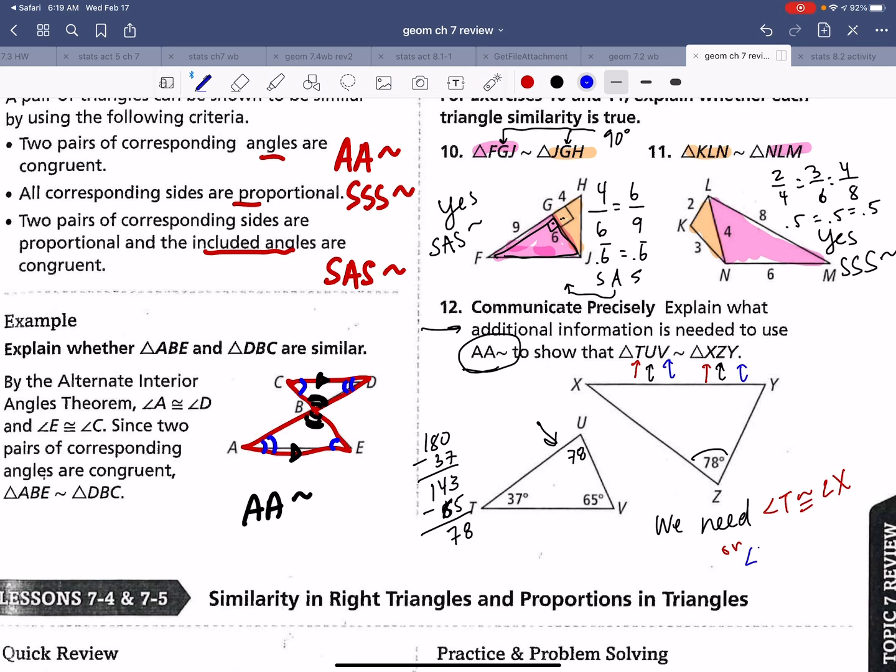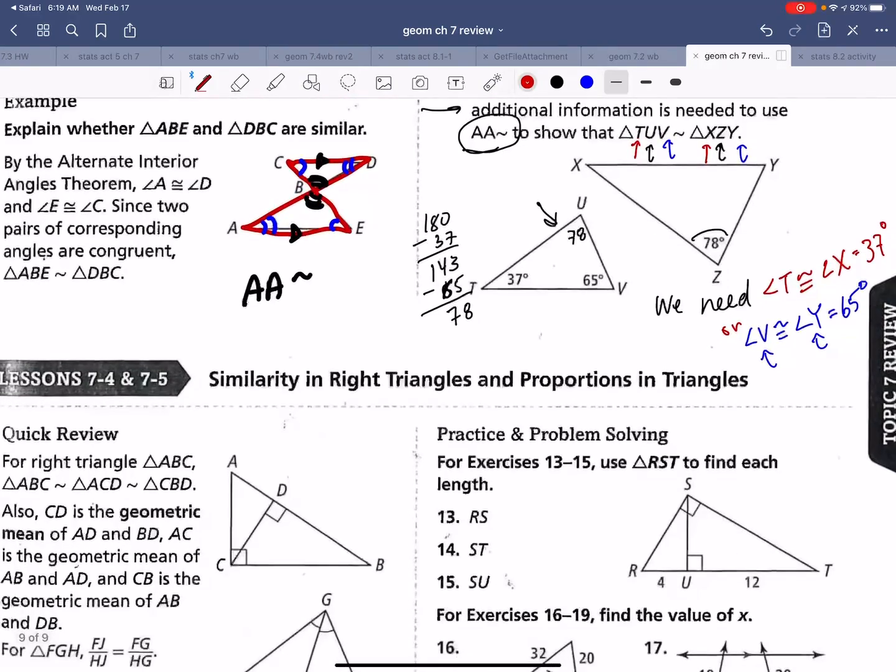We need angle V congruent to angle Y. So since we know angle V is 65, then we would need angle Y to be 65, or since we know that angle T is 37, we then also need angle X to be 37. So either of those pieces of information would be helpful.